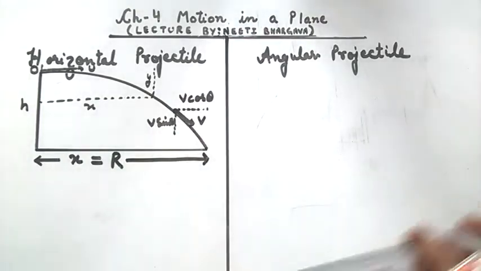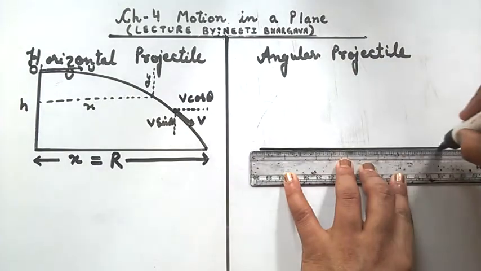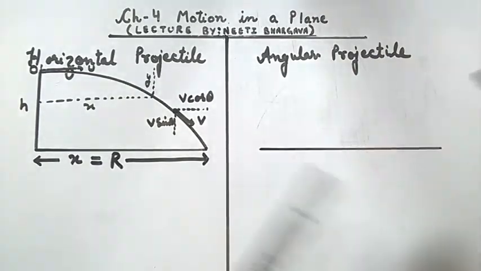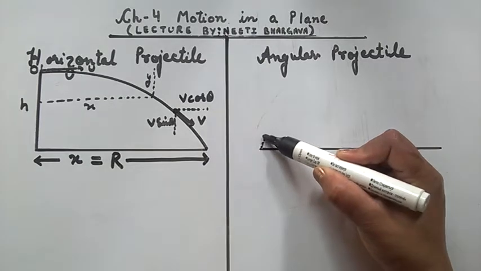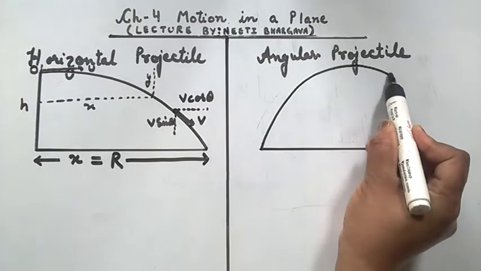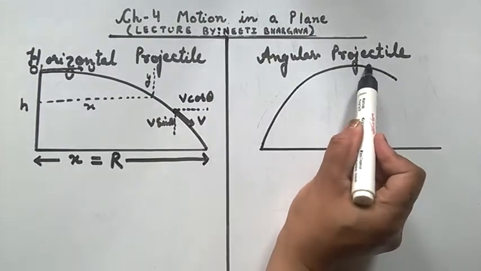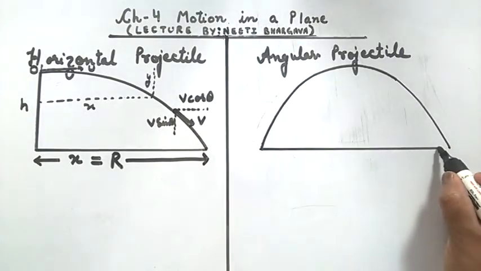Now in angular projectile, the object is projected with some angle of projection with the horizontal and with some initial velocity, and after attaining maximum height its velocity goes on decreasing and reaches 0, that is towards the ground.